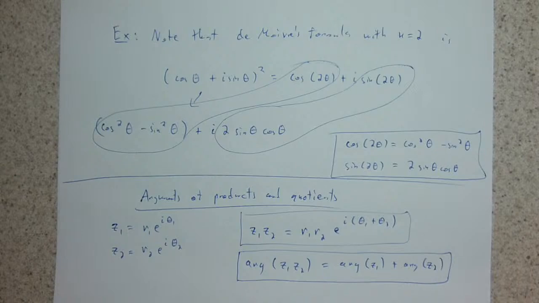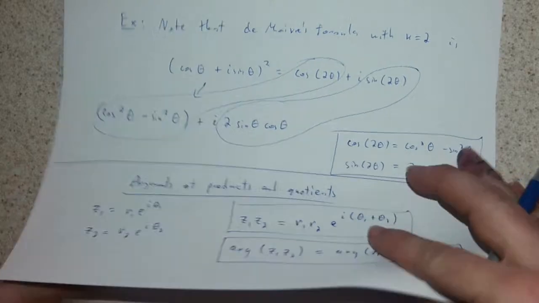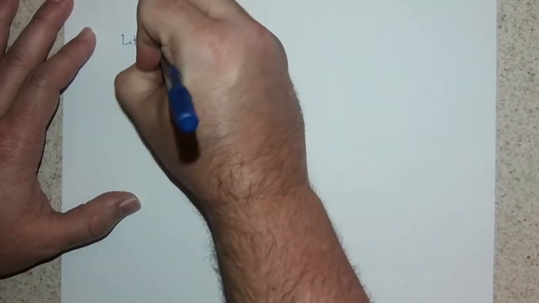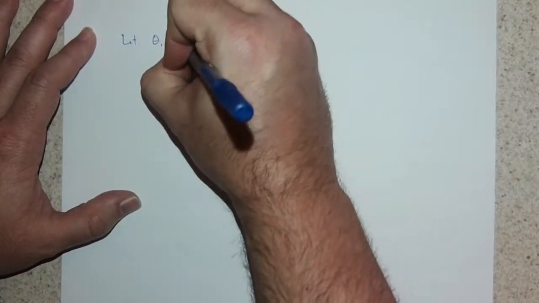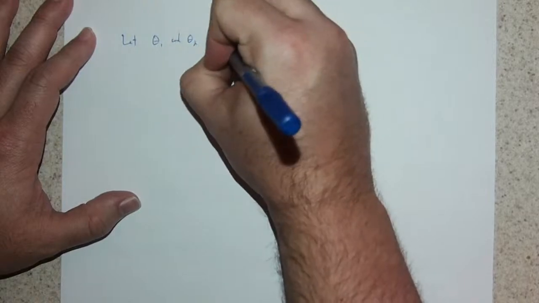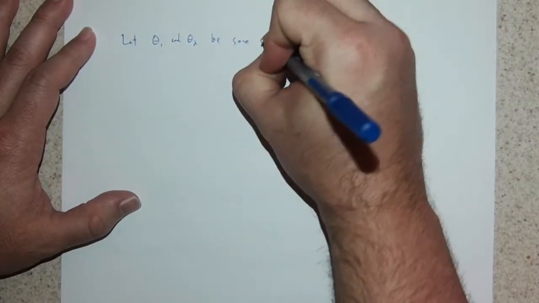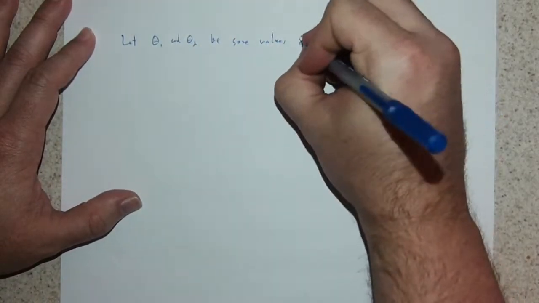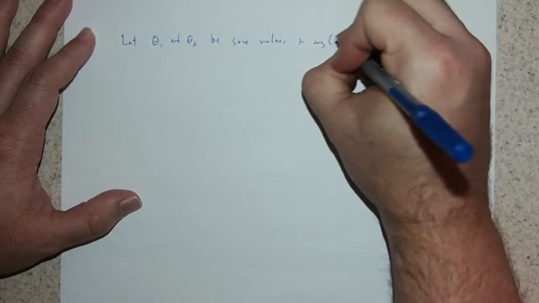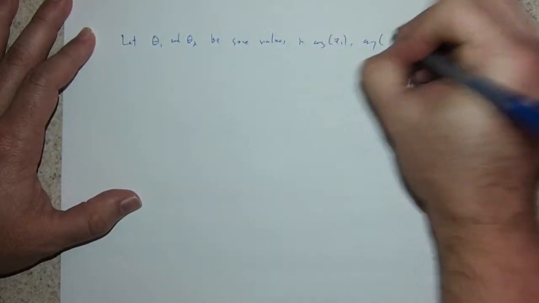Okay, and so to see that, like I said at first I wouldn't go through it, but it's kind of a tradition for me to at first balk at going over the details, and then I end up doing it anyway. So let theta 1 and theta 2 be some values in argument of z1 and z2 respectively.